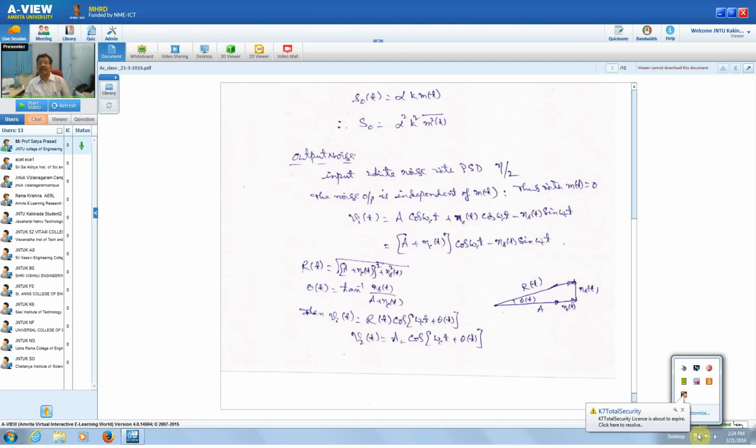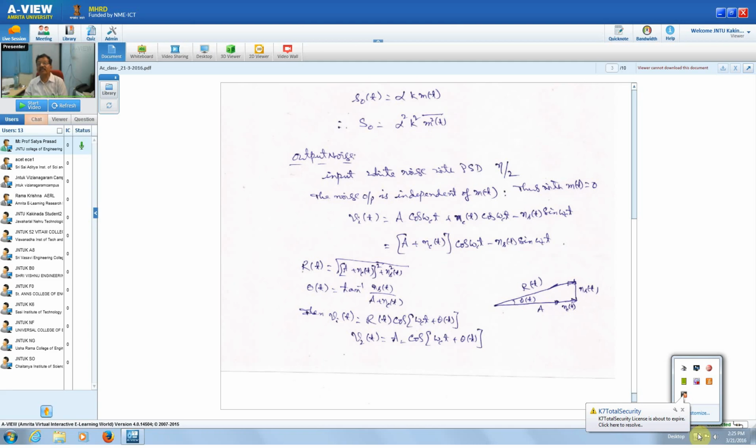Therefore, the resultant signal with the noise and the signal A cos omega_c t is r(t) with an angle theta(t), where the amplitude of r(t) is the root of (A plus n_c(t)) whole squared plus n_s squared(t). So this is the amplitude, the root of a squared plus b squared, this is the r(t) that we have.